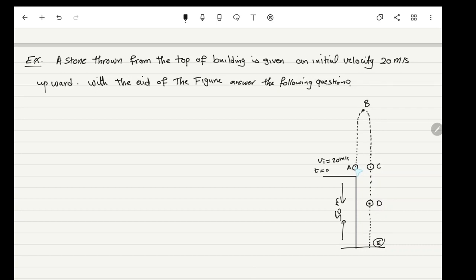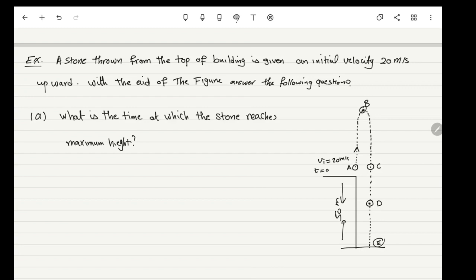The initial velocity for this stone is 20 meters per second, directed upward, and the initial time is 0. Then the stone reaches the maximum height at point B, where momentarily the velocity is equal to 0, and back to position C, then position D, then position E.